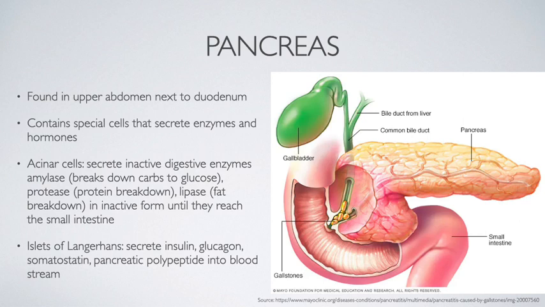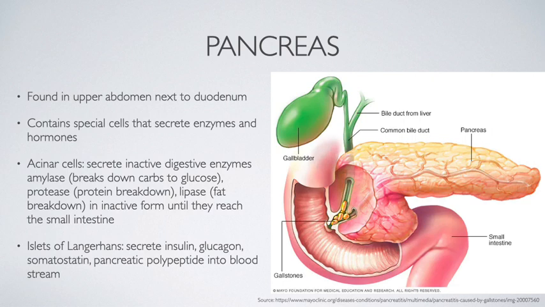Acinar cells specifically secrete amylase to break down carbohydrates, protease to break down protein, and lipase to break down fat. These are released in the inactive form from the pancreas into the common bile duct, and once they reach the small intestine, they're then activated.